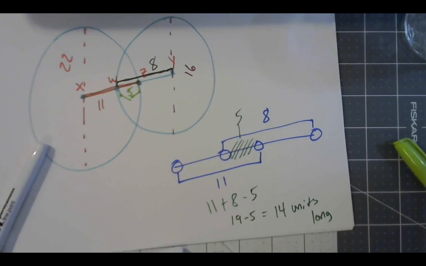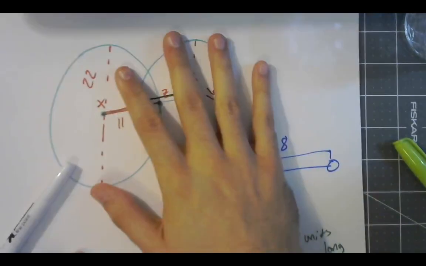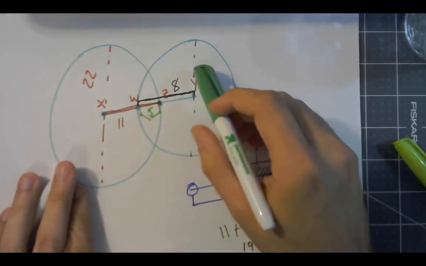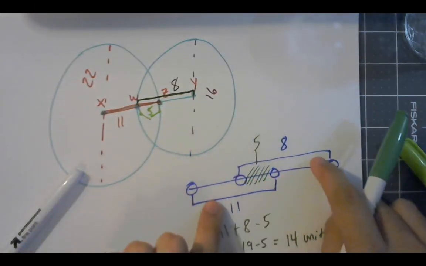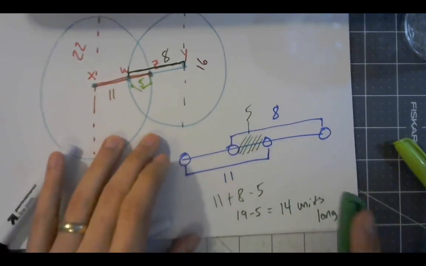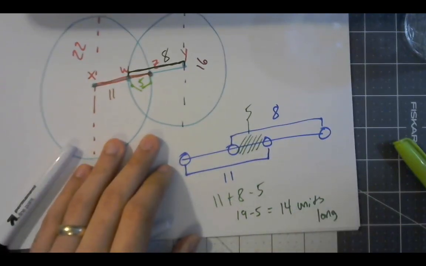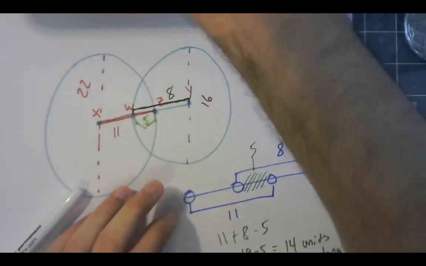Once again, we had our diagram. We were given these diameters. Those helped us find the radii. And then once we had all that information, we put it all together in finding how long it is. So 14 units long.